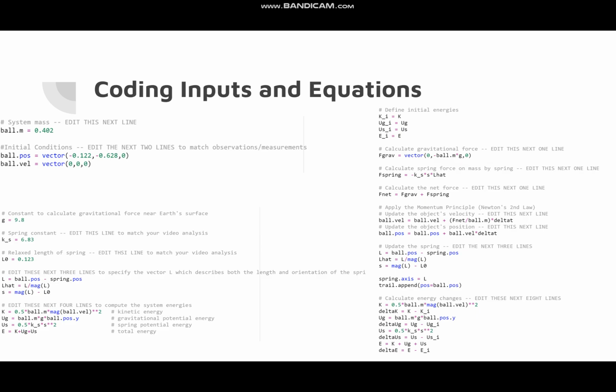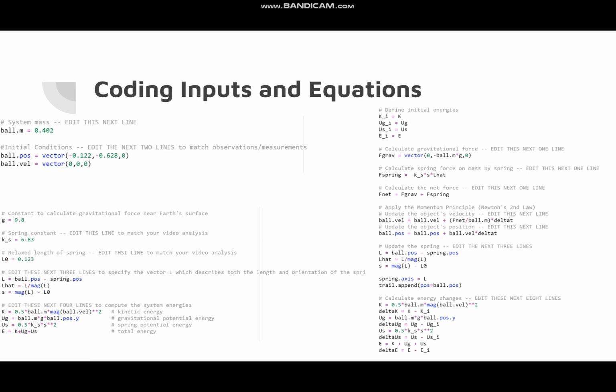Now for the coding inputs and equations, all I did was basically put in the information I know. The code's purpose is to compare our data from Tracker and the data it computes, the ideal data it computes given our initials and given our K and lengths and so on.